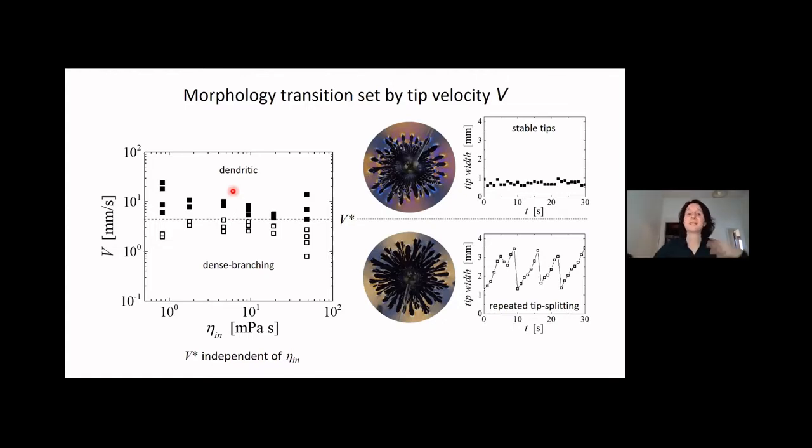So the way we actually quantify these patterns to belong to one or the other growth category is by looking at the temporal evolution of the tip width, measured a certain distance behind the very tip, which remains constant for the stable tips of dendritic growth, but shows these oscillations characteristic of the repeated tip splitting of the dense branching patterns.